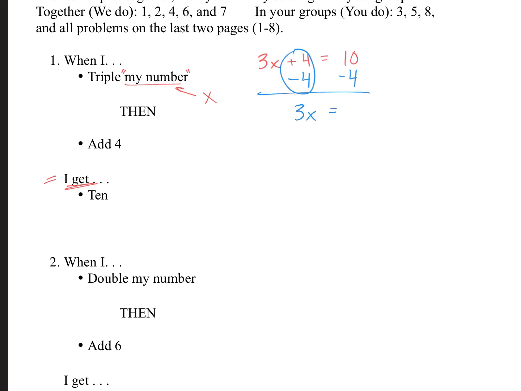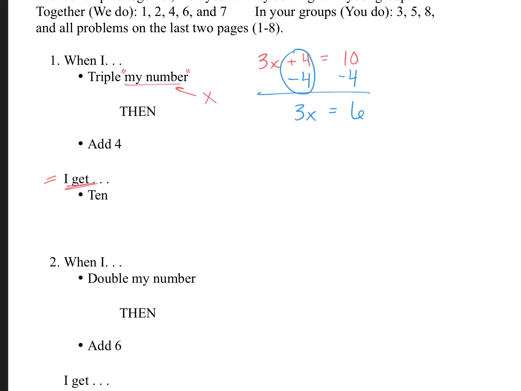And on the other side, 10 minus 4, that's 6. So in the previous step, I was adding 4. To undo the addition of 4, I subtracted 4 from both sides. Now I have all of my x tiles, or my x terms, alone on one side of the equation.